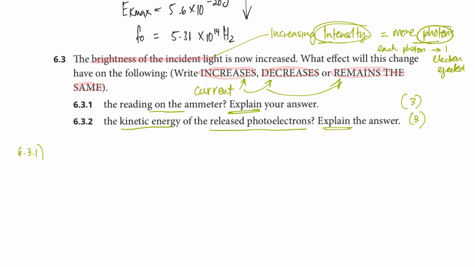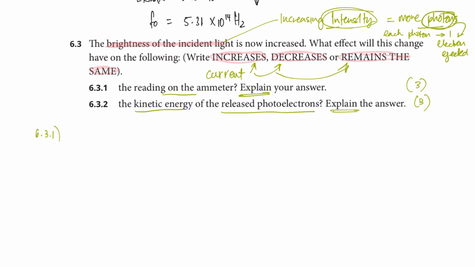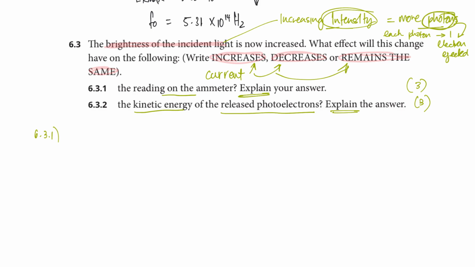Now, if I increase the number of photons, I'm going to increase the number of electrons ejected. So we need to use that thinking process. Let's write this down. By increasing the light, more photons are arriving at the metal surface per second.